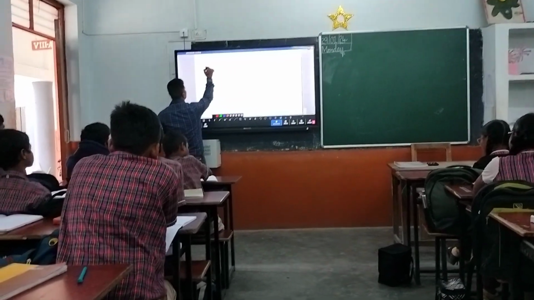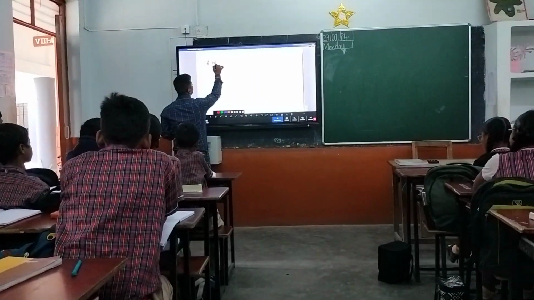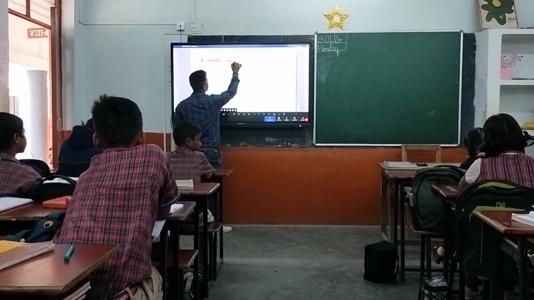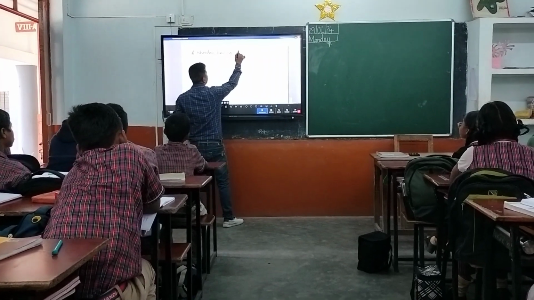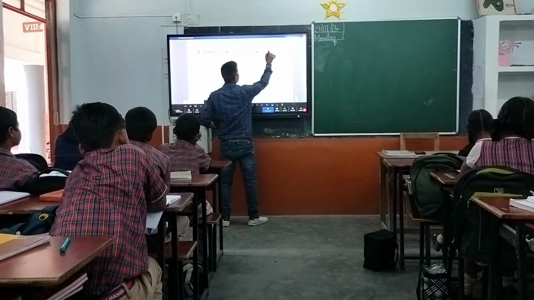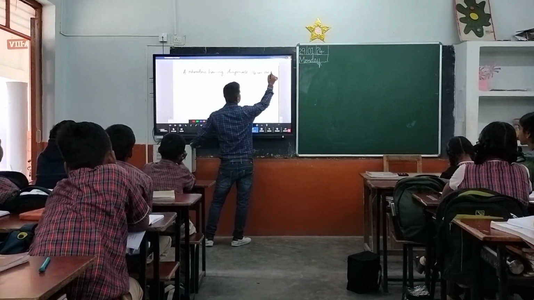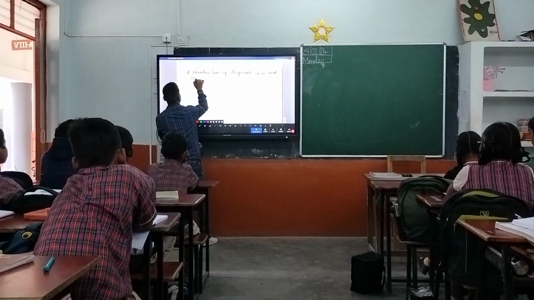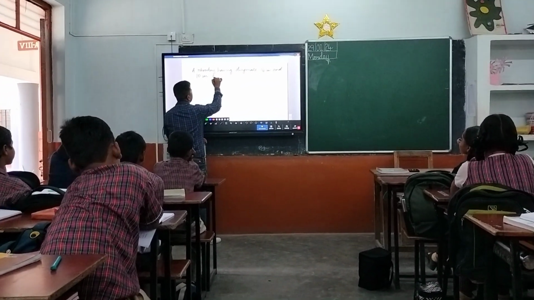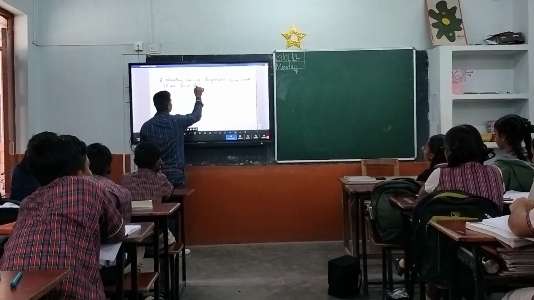Now a rhombus having diagonals 16 centimeter and 10 centimeter. Find its area.